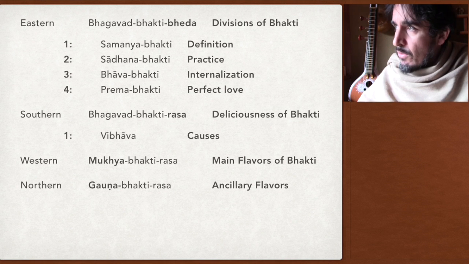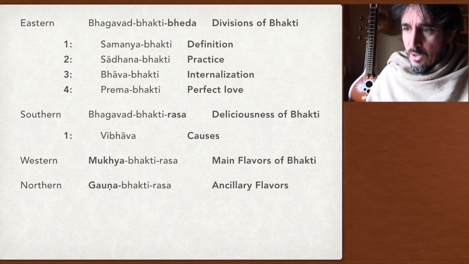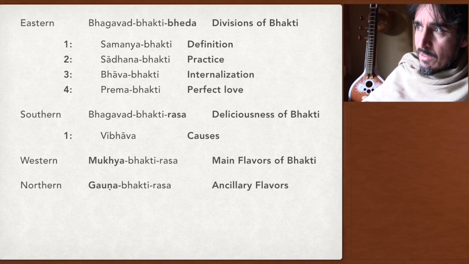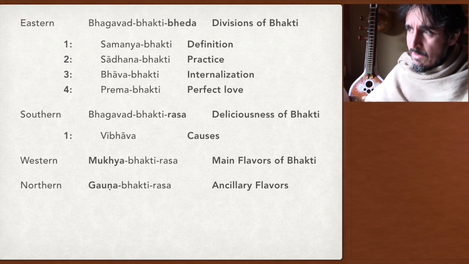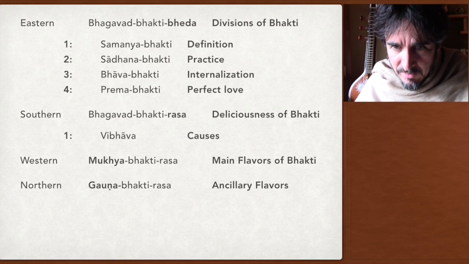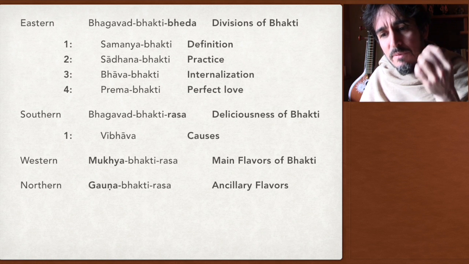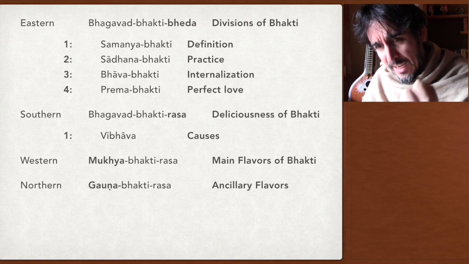Now, you may have a beautiful apple pie, but that doesn't mean that you're always eating it. So similarly, you have a perfect kind of love for a person, but it doesn't mean that you're always experiencing the bliss of it. When you're experiencing the bliss of it is when you're tasting it. That's the rasa. So in order to taste the bliss of it, there has to be a vibhav, which can be called a stimulant or a cause or a catalyst.